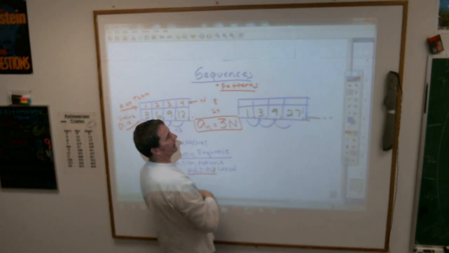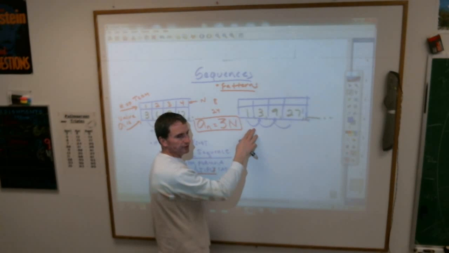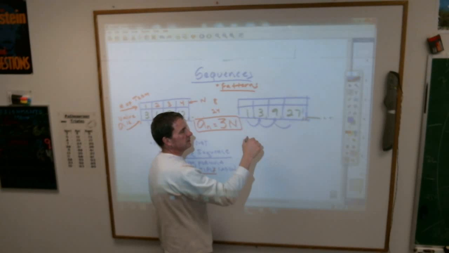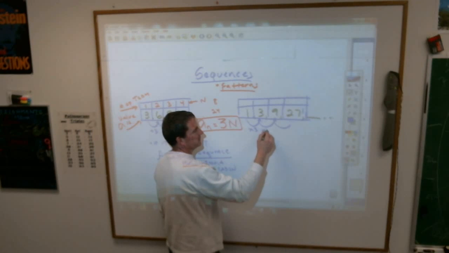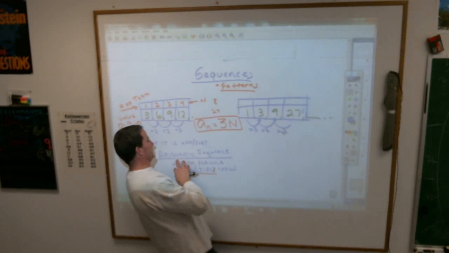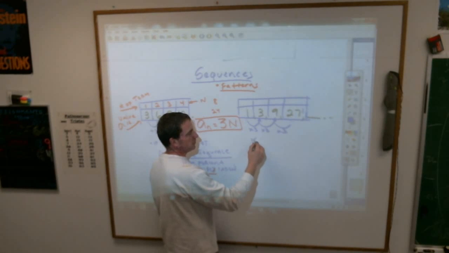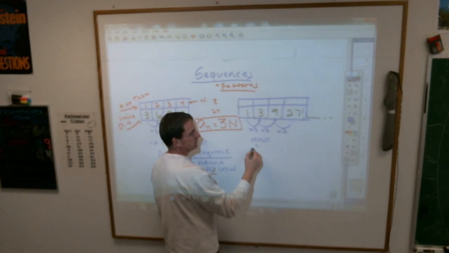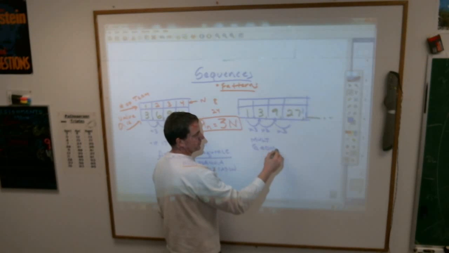What do I do to go from one term to the other term? What am I doing? Multiplying by 3. If it's a multiplying thing, it's called a geometric sequence.